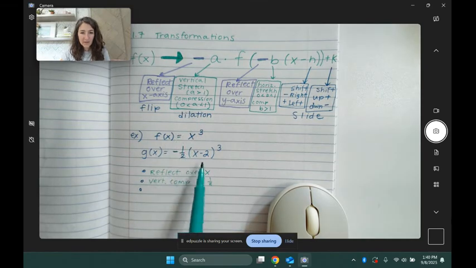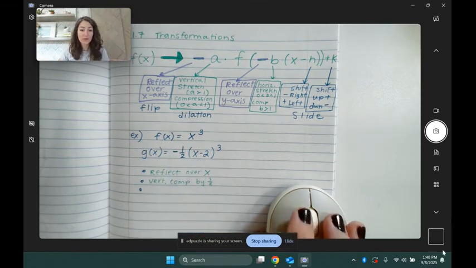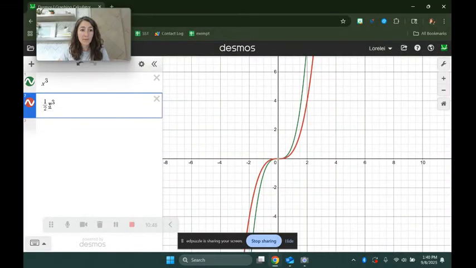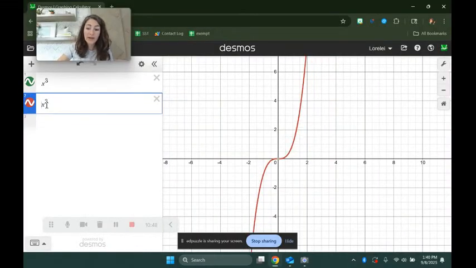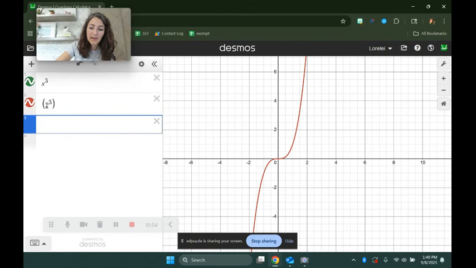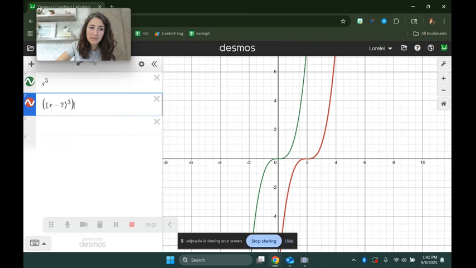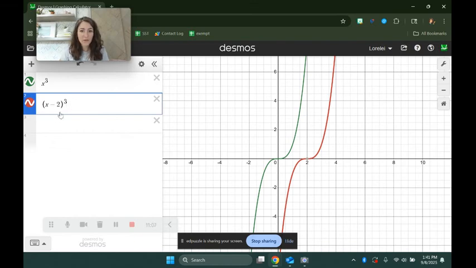And then the last one is, where does that 2 move us? Again, I'm going to look at one thing at a time. So I'm going to go in parentheses, x minus 2. And it looks like that has shifted me to the right 2.